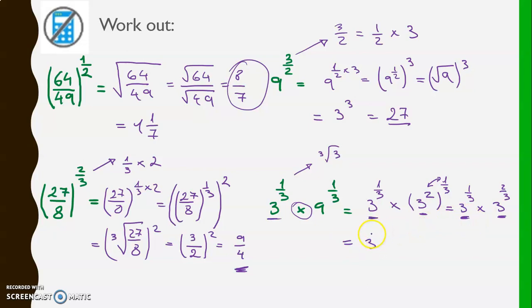We are using here the first rule we recalled on the first of the slides. 3 to the power of 1/3 plus 2/3, which leaves us with 3 to the power of 3/3, which we all know is 1. So 3 to the power of 1 is 3, and that's our answer.